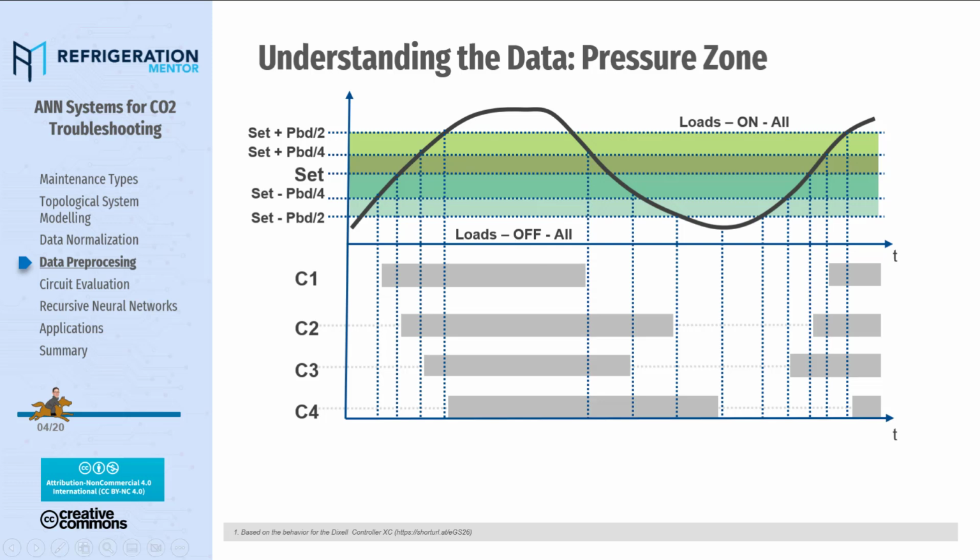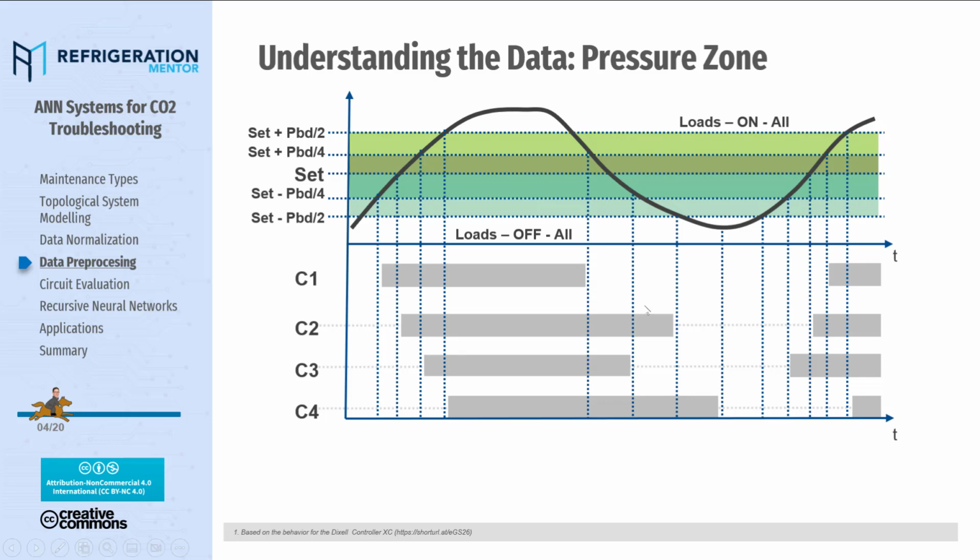We can have the same algorithm on the rejection side, but instead of activating compressors, we must activate fans or increase the frequency of the VFD when the pressure is too high, and do the opposite when the discharge pressure is too low.